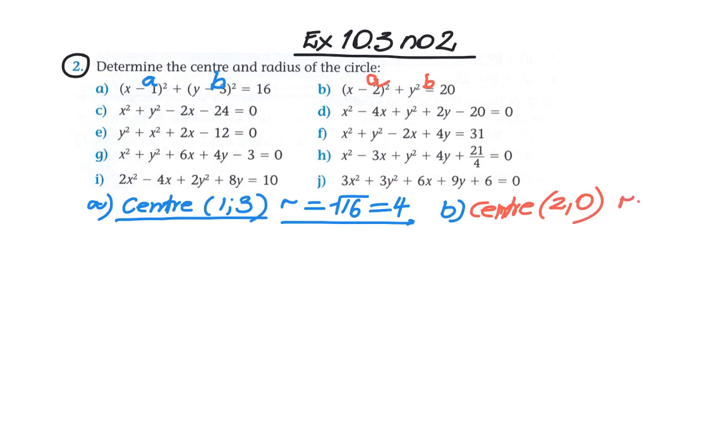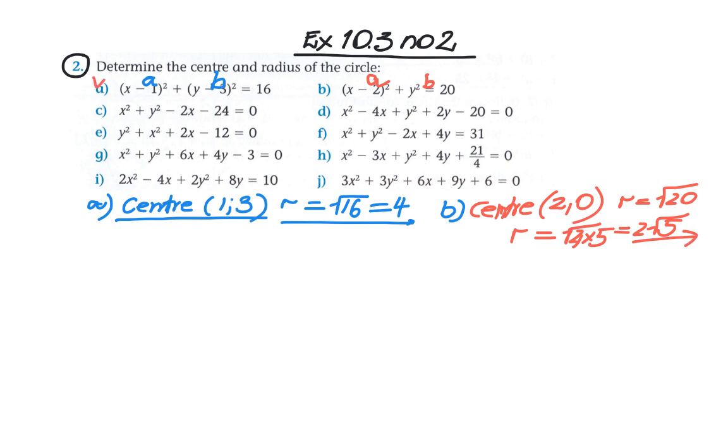What will be the radius of the circle? It's square root of 20, and if you are asked to do it in simplest surd form, it will be 4 times 5 under a square root, so 2 square roots of 5 would be the simplest surd form for the radius.